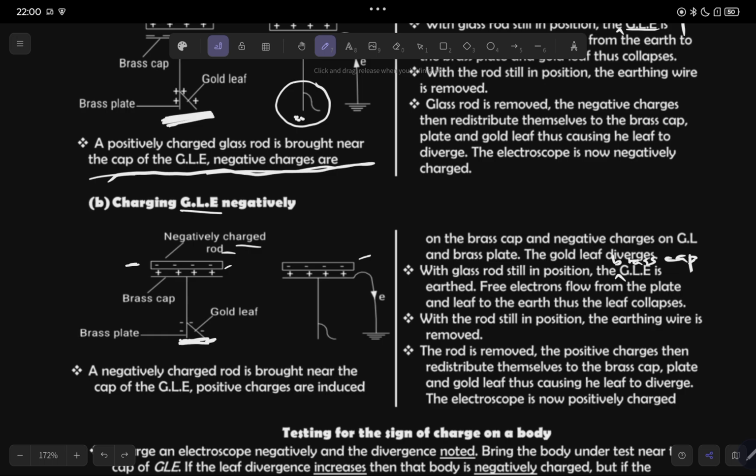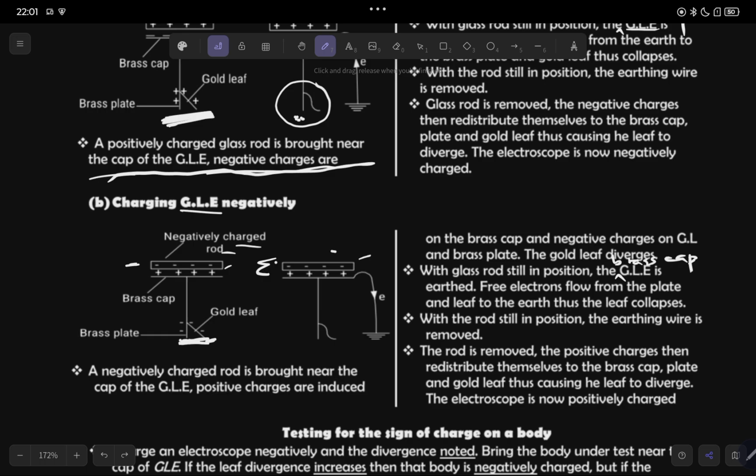Take away the earthing wire while you are still holding the inducing charge in place. This is key. Never take away the inducing charge before you have taken away the earthing, because if you do so, electrons which had run to the earth will run back to neutralize the positive charge which is on the brass cap. So after taking away the earthing wire, we can later on take away the charging rod.